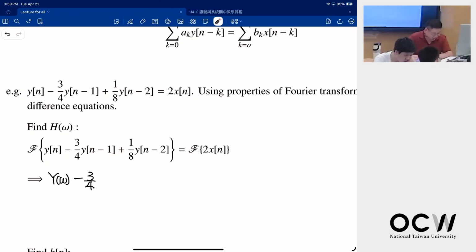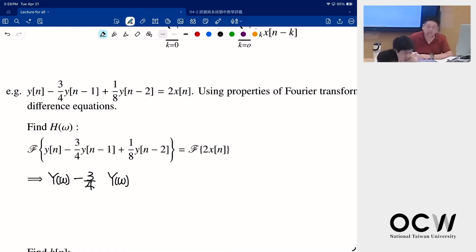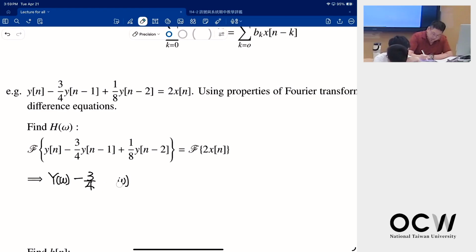In frequency domain, I still have our Fourier transform, but I have a phase difference. Here will be e to the minus j omega. So here I have e to the minus j omega Y.